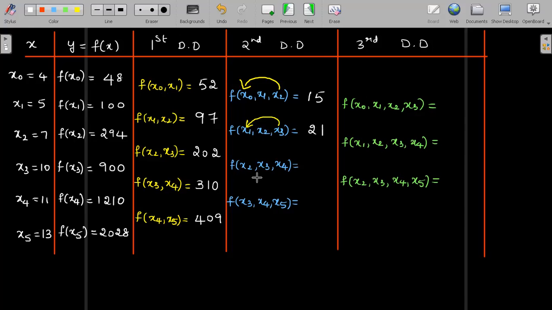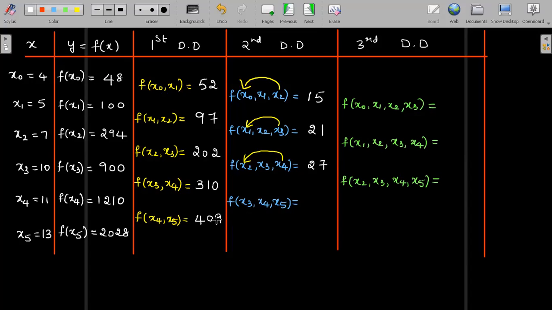So the next value will be 310 minus 202 in the numerator, divided by the denominator x4 minus x2. x4 minus x2 means 11 minus 7. Denominator should be 11 minus 7. So using a calculator will help us to obtain 27.